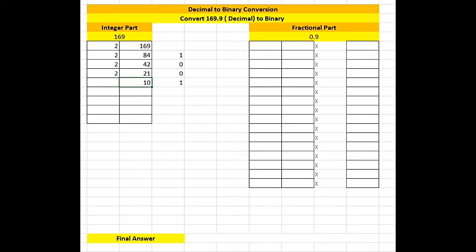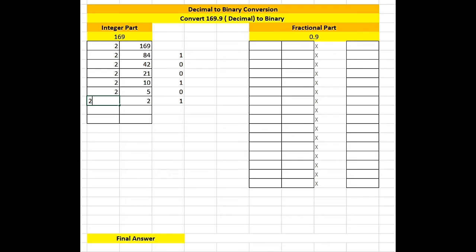Now if we divide this 10 by 2, we get a result of 5, and the remainder is 0. Again, if we divide 5 by 2, we get a result of 2, and the remainder is 1.